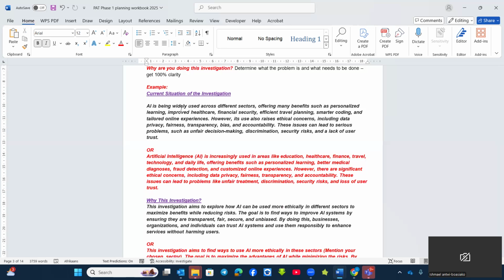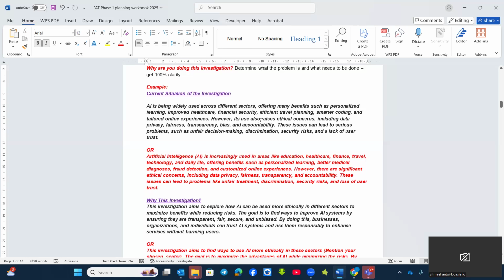Then you give examples of the benefits or the good side, for instance, personalized learning, improved healthcare, financial security, efficient travel planning, smarter coding, and other things. So you can list some examples of the good side of AI.